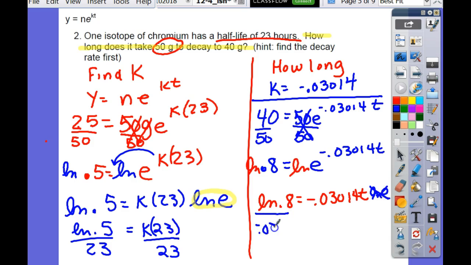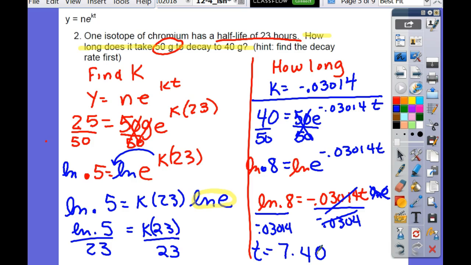When I multiply it by 1, I get the same thing. So then I need to divide both sides: ln of 0.8 divided by negative 0.03014, and the time is 7.40 days, minutes, hours, years.